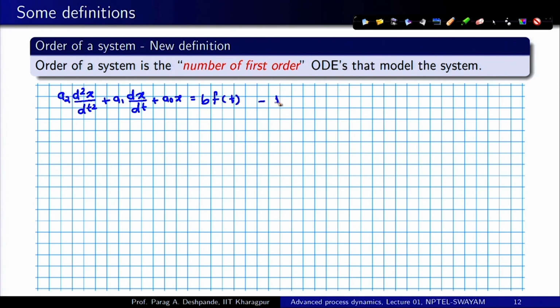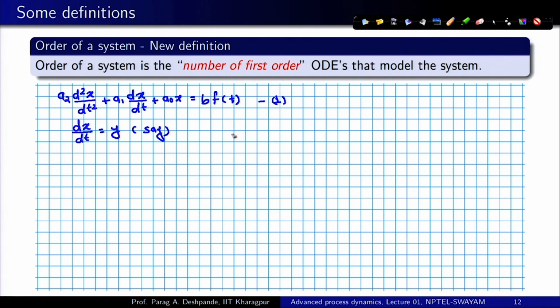So, this is my general second order ODE, and let us say this ODE governs the system. So, the system is a second order system following our previous definition. So, now what I do is I define a new variable, dx by dt is equal to y. Say this is the new variable.